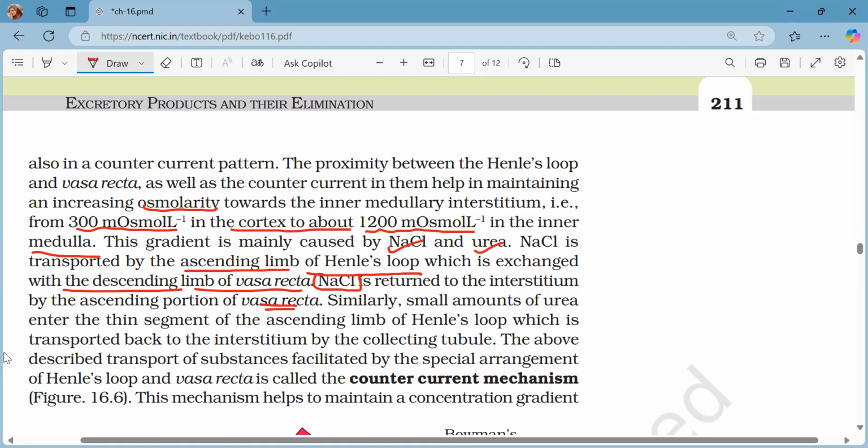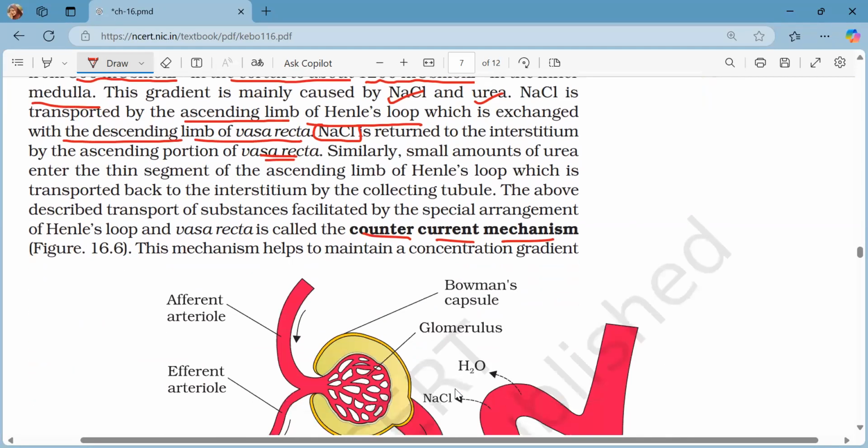Now, small amounts of urea enter the thin segment of ascending limb, and then it is sent to the collecting tubule. So if anyone asks you what is the mechanism because of which the concentrated urine is produced, your answer would be counter current mechanism. It is the mechanism because of which the concentrated urine is produced.